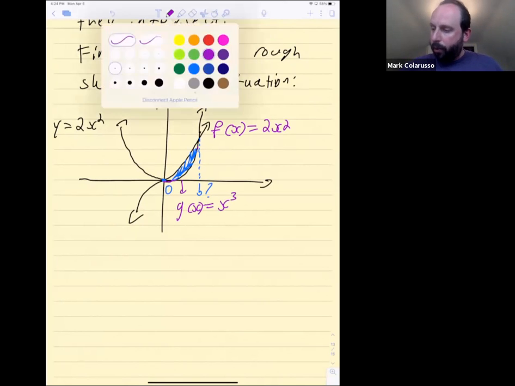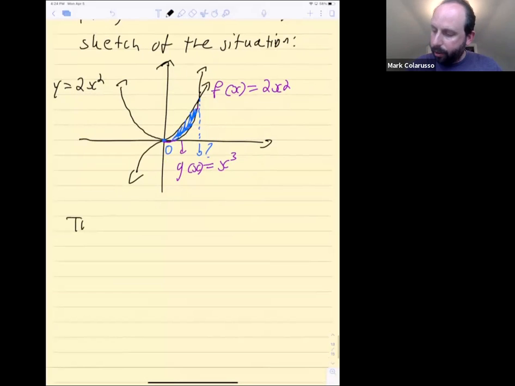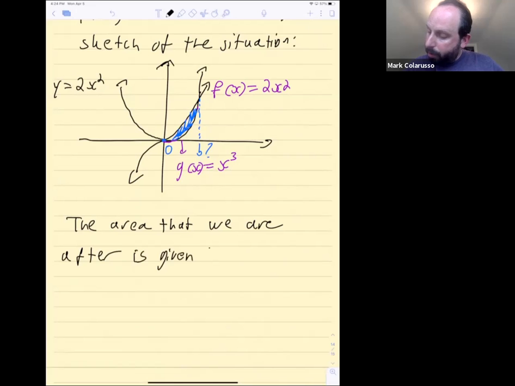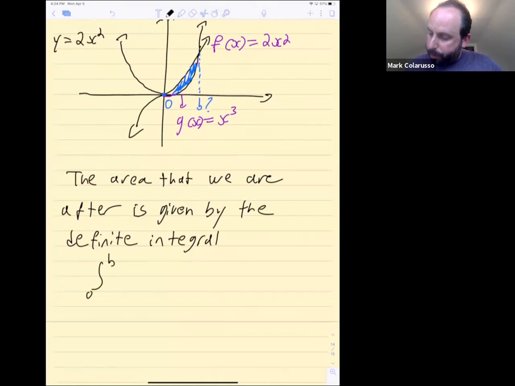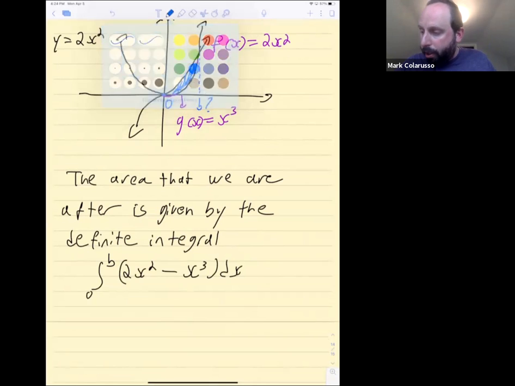Okay, so the area we're after is given by the definite integral from 0 to b of the top curve 2x squared minus the bottom curve. Okay, but to evaluate this integral, we've got to find this unknown point b. We've got to find the second intersection point b.